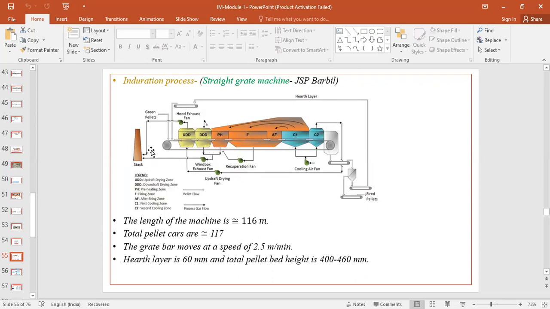As I told you in the sintering process also, we maintain a hearth layer to protect the grate bars. Here also we provide a hearth layer of around 60 mm height, and the total bed height is approximately 400 to 460 mm.